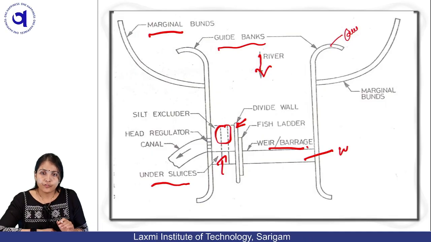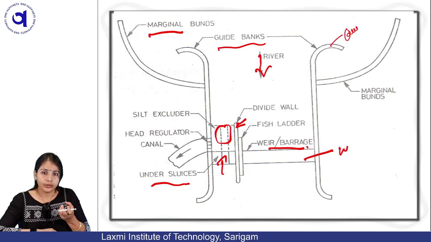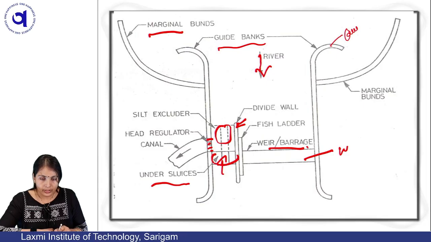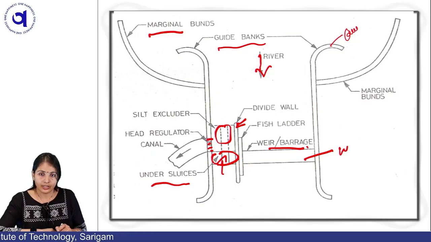What happens if it remains stagnant? Whatever solid is dissolved in the water will start to settle down. Then we have constructed the canal head regulator over here. So the silt will settle in the under sluices portion, and we can exclude it by a silt excluder. Then your fresh water without any silt will be taken out from the canal head regulator and will come to the canal system.